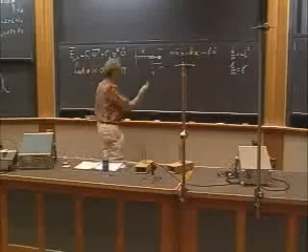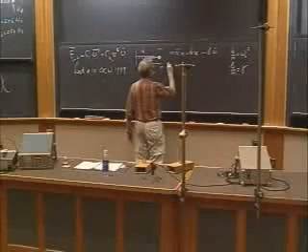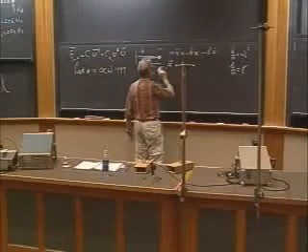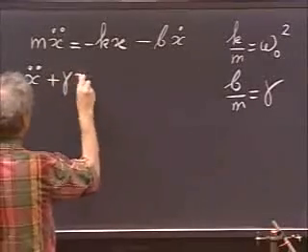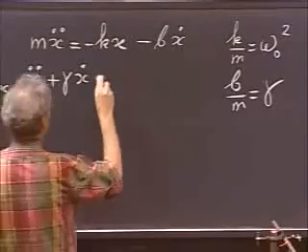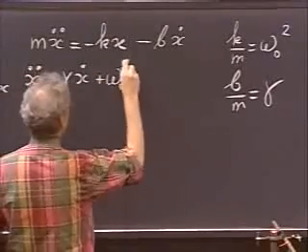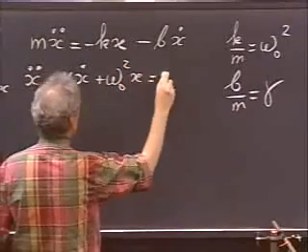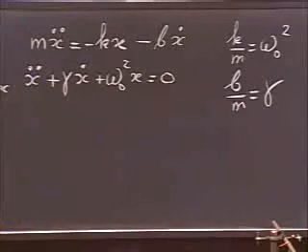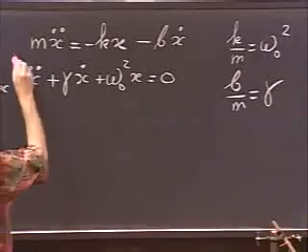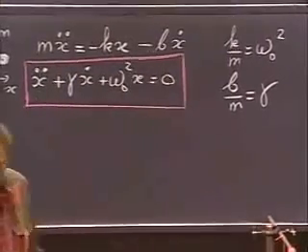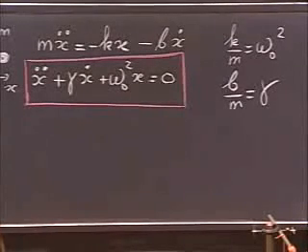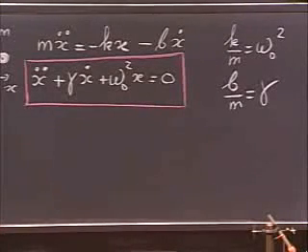And so if I rewrite this differential equation, then I get x double dot plus gamma times x dot plus omega 0 squared times x equals 0. And you see now our task ahead of us to solve this differential equation. What is x as a function of time?